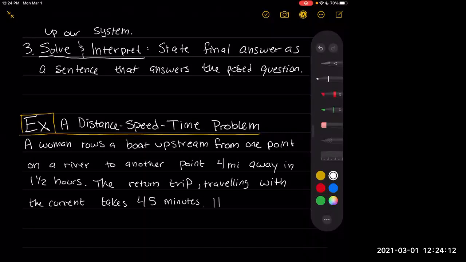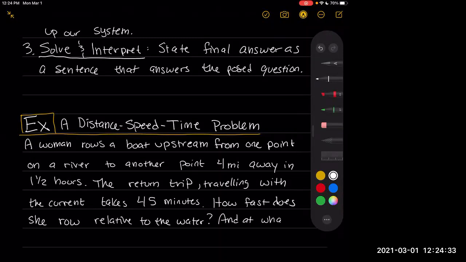All right, so the question is, how fast does she row relative to the water and at what speed is the current flowing?